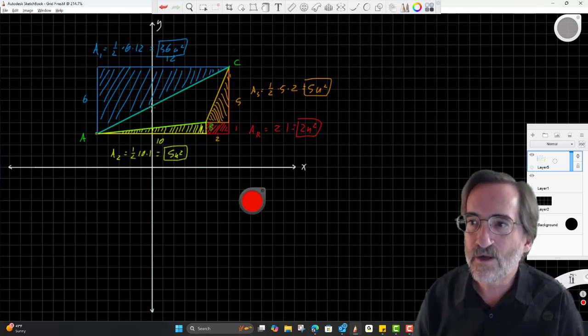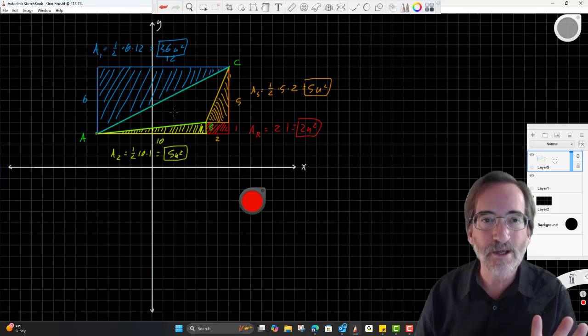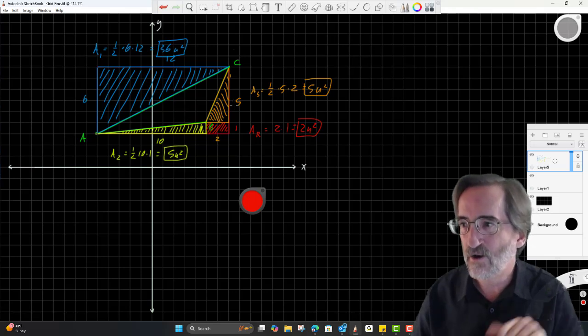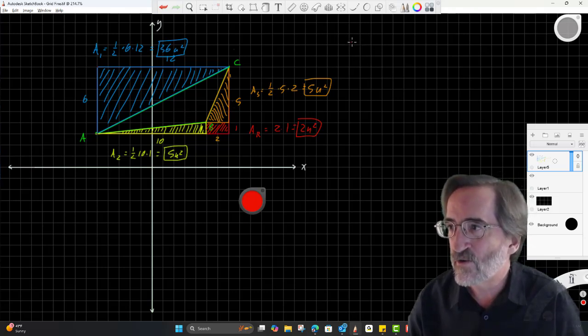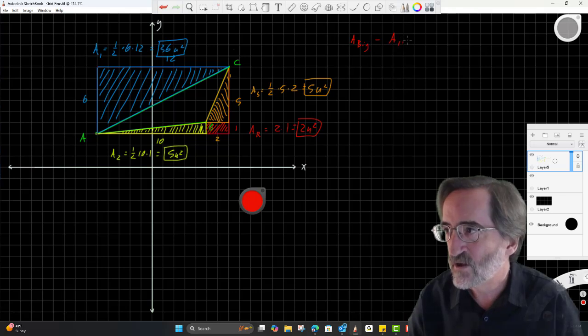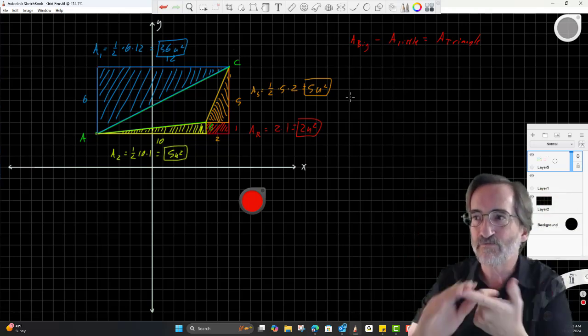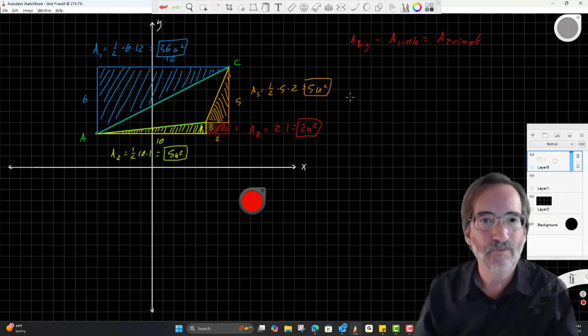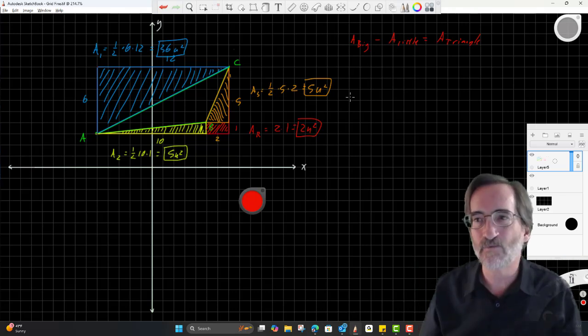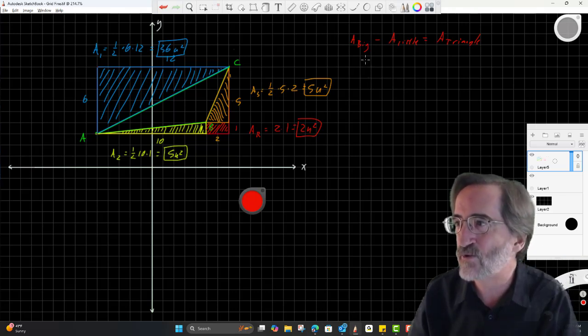To find the area of the regular triangle that we already had, we're going to take the area of the big rectangle minus all the little areas. Okay, that's the area of the triangle. The area of the triangle is the big rectangle minus the blue, the orange, the yellow, and the red. Because we're just cutting them away piece by piece, kind of doing an operation.